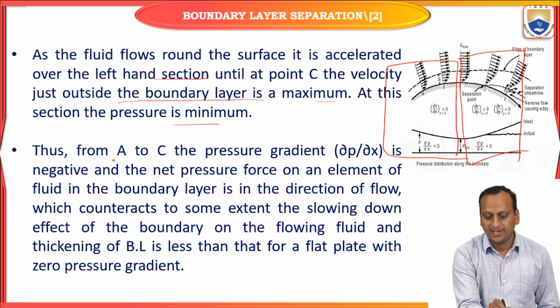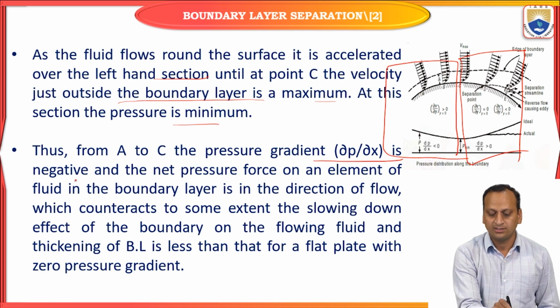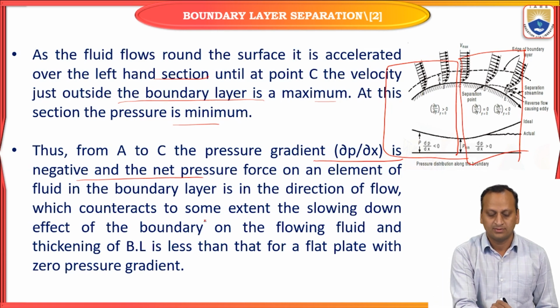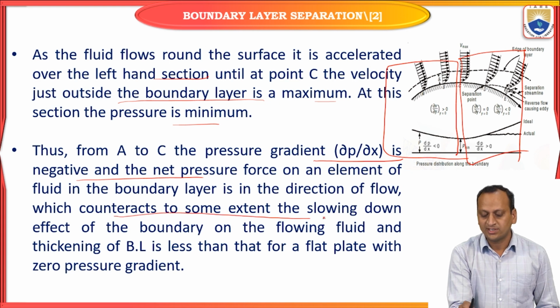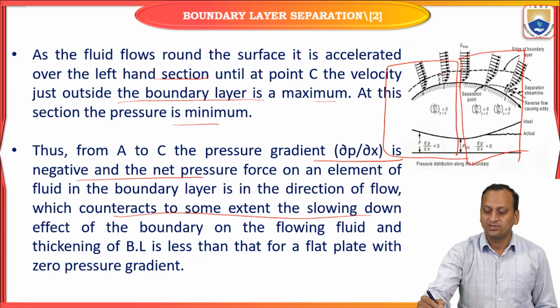Thus, from point A to C, the pressure gradient ∂P/∂x is negative, and the pressure force on an element of fluid in the boundary layer is in the direction of flow, which counteracts to some extent the slowing down of the boundary layer. Therefore, from A to C, the thickness of the boundary layer is small.